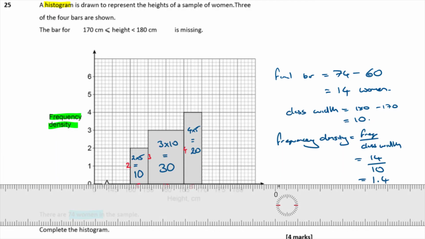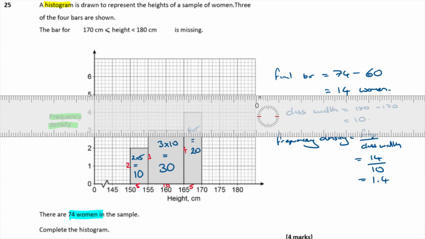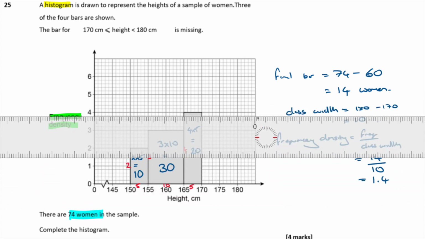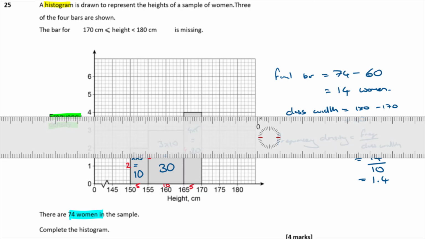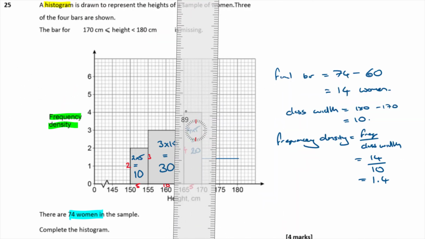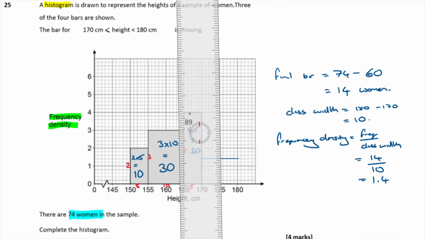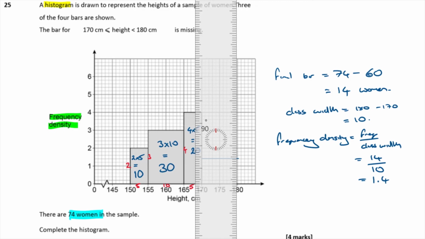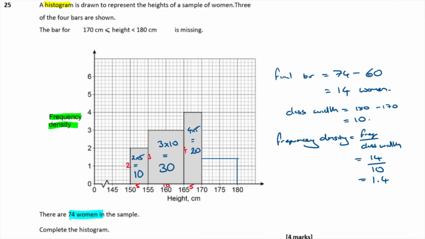Now between 1 and 2 I've got 5 little divisions, so each one of those little divisions has got to be 0.2, isn't it? 1, 1.2, 1.4, 1.6, 1.8, 2. So we're talking 2 little squares up from 1, across from 170 all the way over to 180. Just change direction, go down. And that represents my 14 women then.